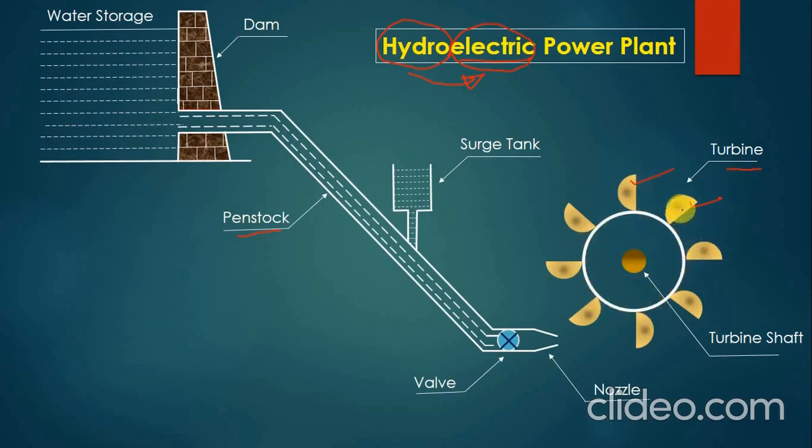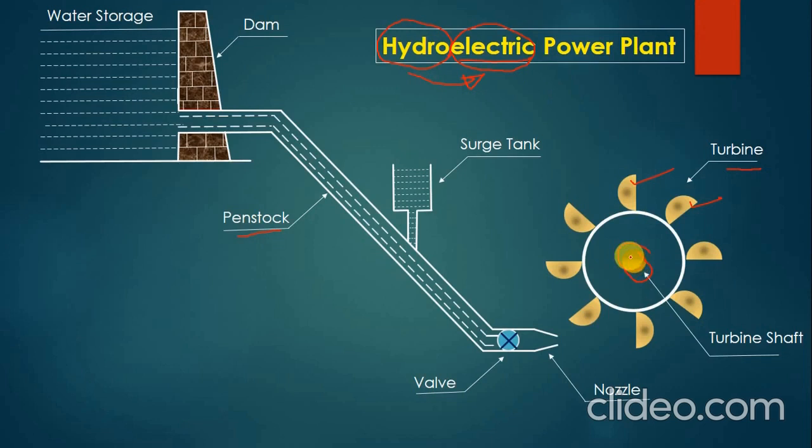So these turbine blades are firmly connected to the rotor, and at the center of the rotor we have the turbine shaft. We are going to take the mechanical energy output from this particular turbine shaft. This turbine shaft will be rotating, and this energy will be useful for generating electric power. After the shaft we will have the electrical generator.